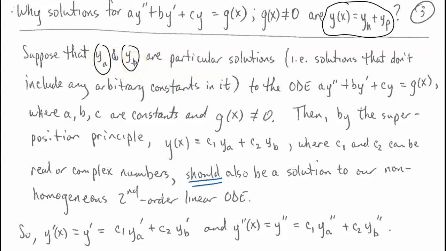When we say particular solutions, we just mean solutions where we don't have any arbitrary constants like the c1s, c2s and c3s that we've seen in the second order linear ODEs, as well as the Cauchy-Eulers if you've watched some of my other videos. We don't have any undetermined constants in those functions.